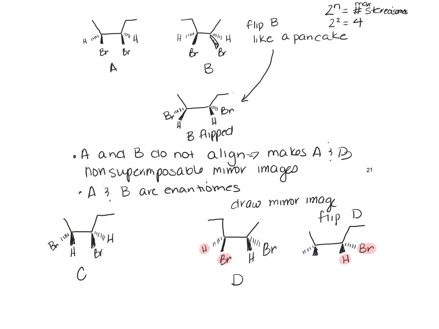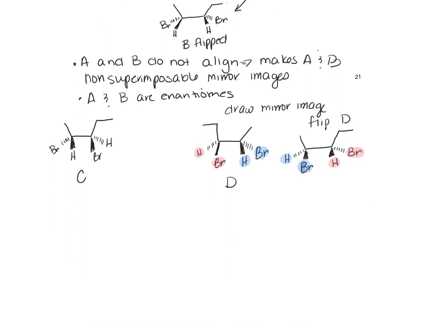And then the same thing, when we flip it, we find that now the Br is forward and this H is back, and those correspond to here and here, okay?